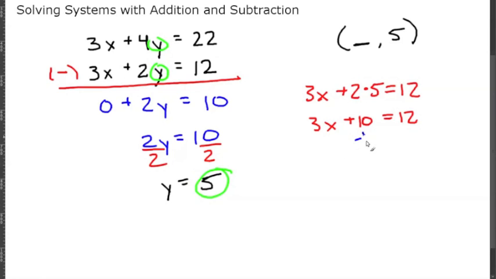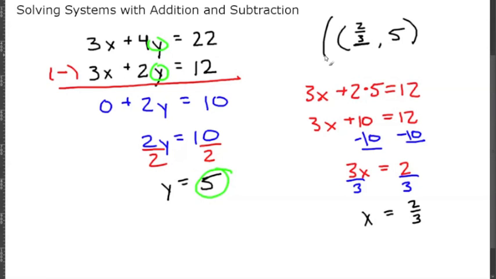Now we have to subtract the 10 from both sides. That's going to leave us with 3x equals 2. Now we just need to divide by that 3 to get the x all by itself. So we're going to get that x is equal to 2/3. So (2/3, 5) is our answer for this system of equations.